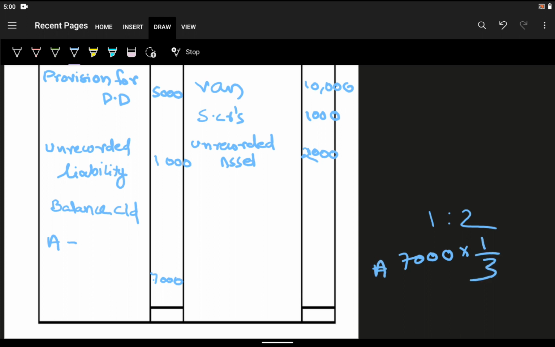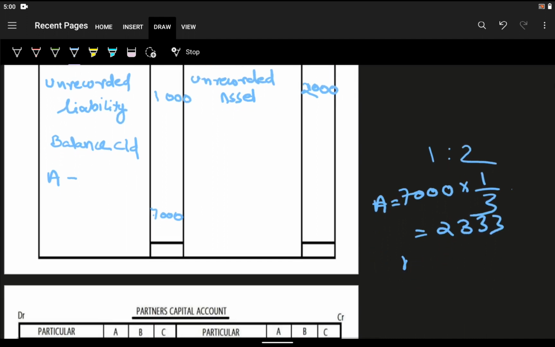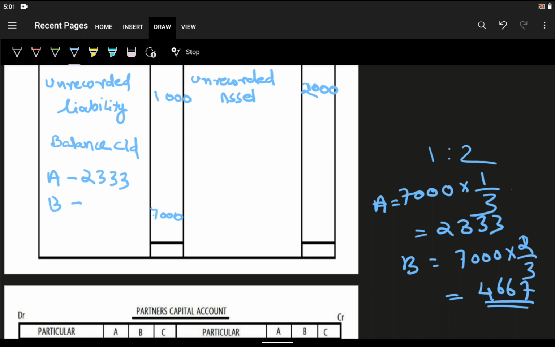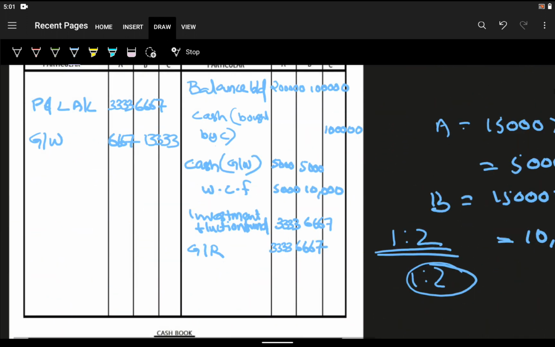This is for A. It will be 2,333. And for B, it will be 7,000 into 2 by 3, so it will be 4,667. Total 7,000. Okay, so this is revaluation profit.